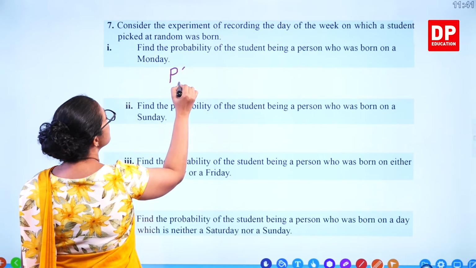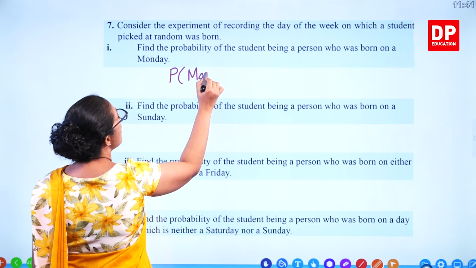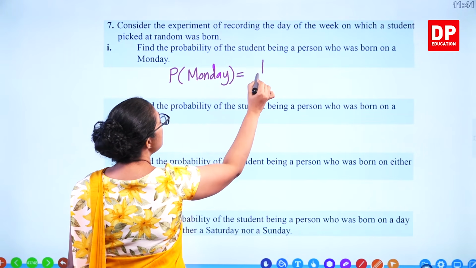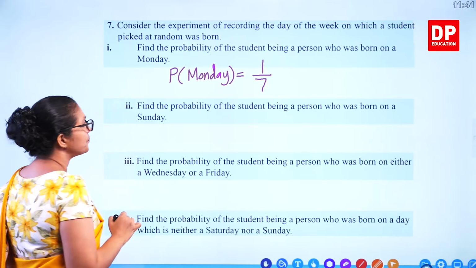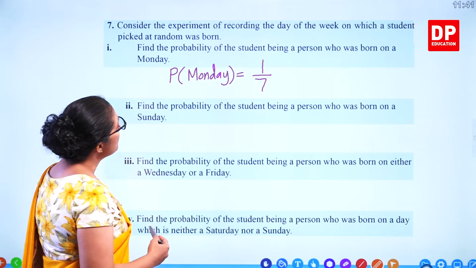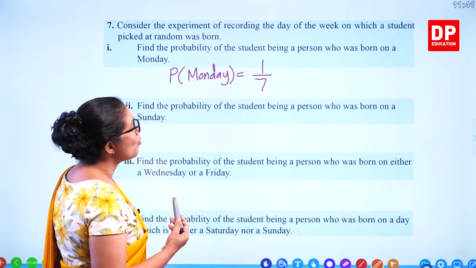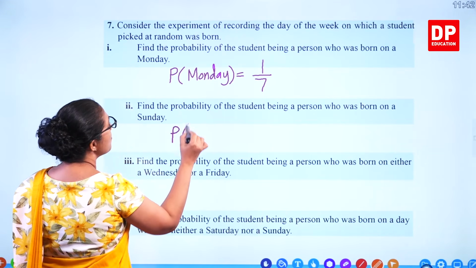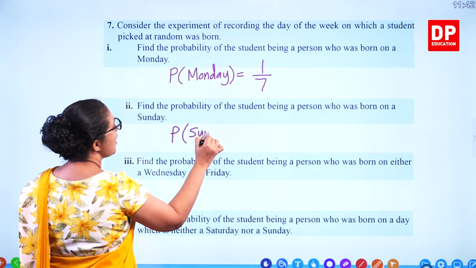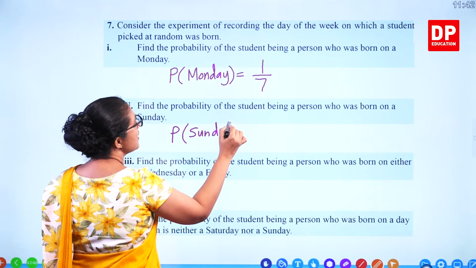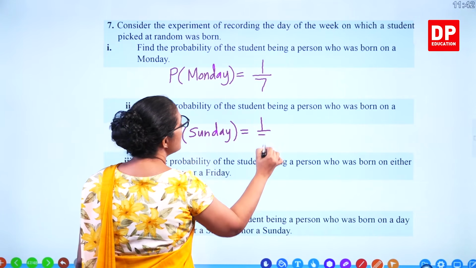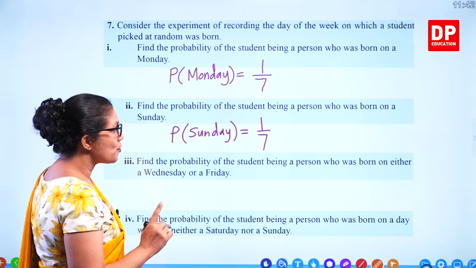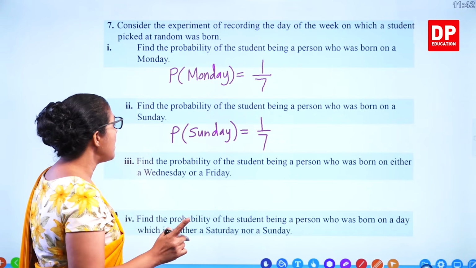So the probability of getting a Monday is 1 out of 7. Find the probability of the student being a person who was born on a Sunday. So same as the previous probability. So only one Sunday out of 7 days. So 1/7.